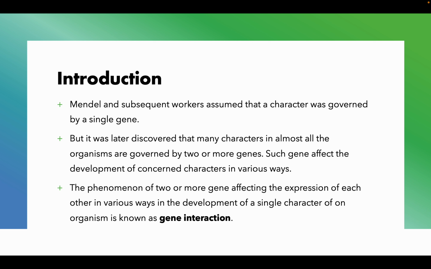If one of the genes is not present, it cannot develop the flower color, or only when both of them are present will this color be developed. This is an example in which two or more genes affect the expression of each other to develop a single character. This is called gene interaction, the interaction between different genes.